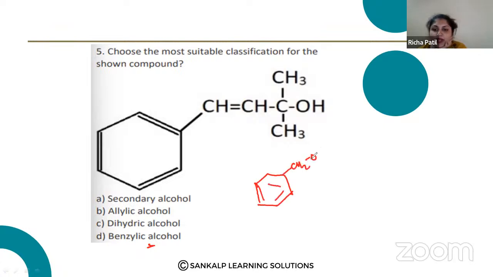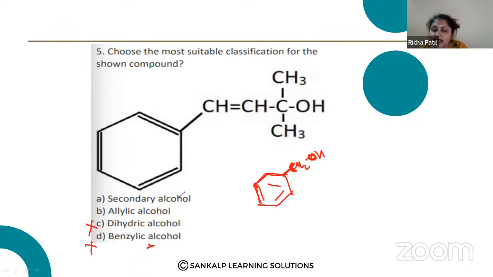OH is attached to an sp3 hybridized carbon which is next to a benzene ring. Is it a benzylic alcohol? No, it is not a benzylic alcohol. Dihydric alcohol means what? Two OH groups should be present in this molecule. Are you able to see two OH groups? No. So this is also wrong.